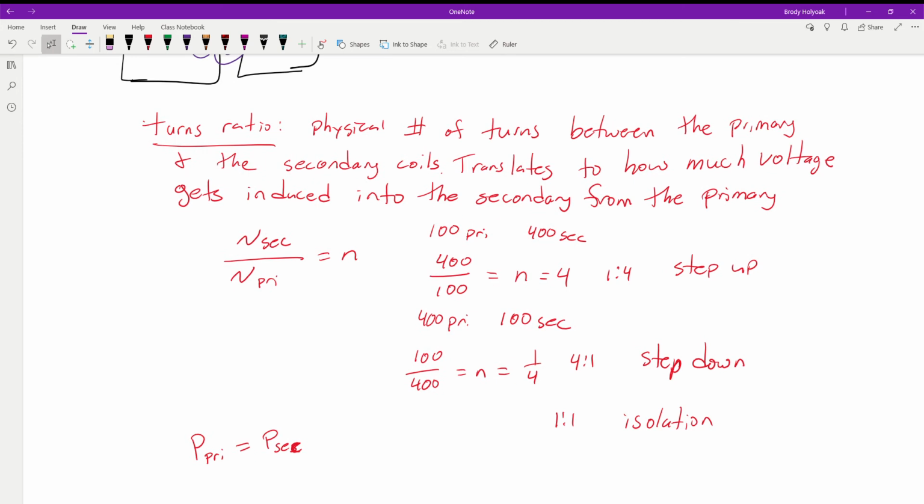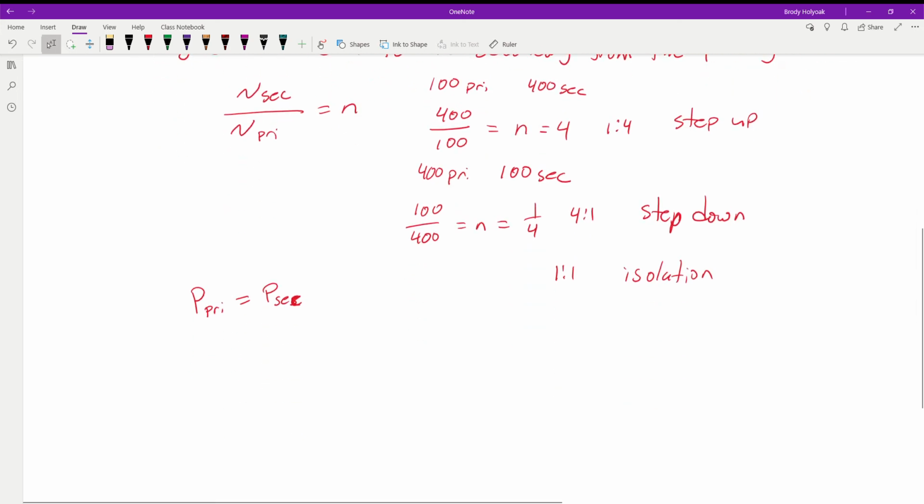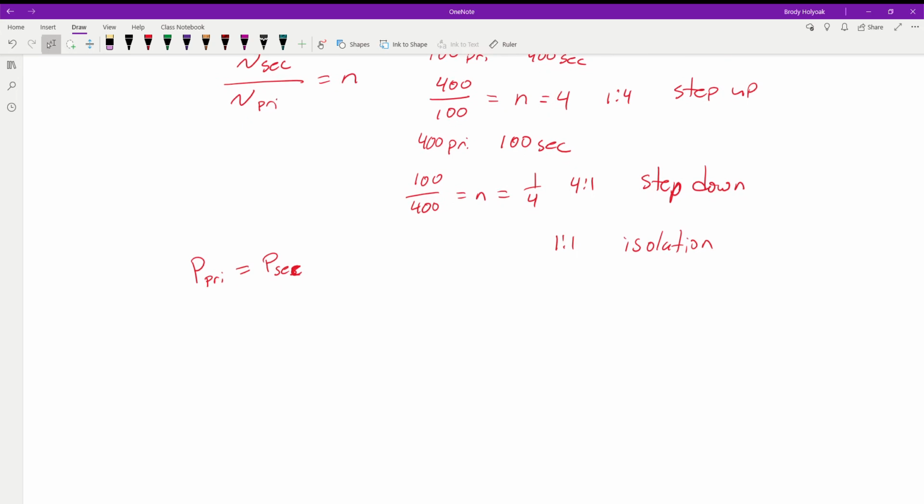That means we have to have 1 watt of power in the secondary. It's the conservation of energy law. We can't just create power, we can't just lose energy. It has to be contained throughout the whole system. Because of this ratio and the conservation of energy, the power has to remain the same.